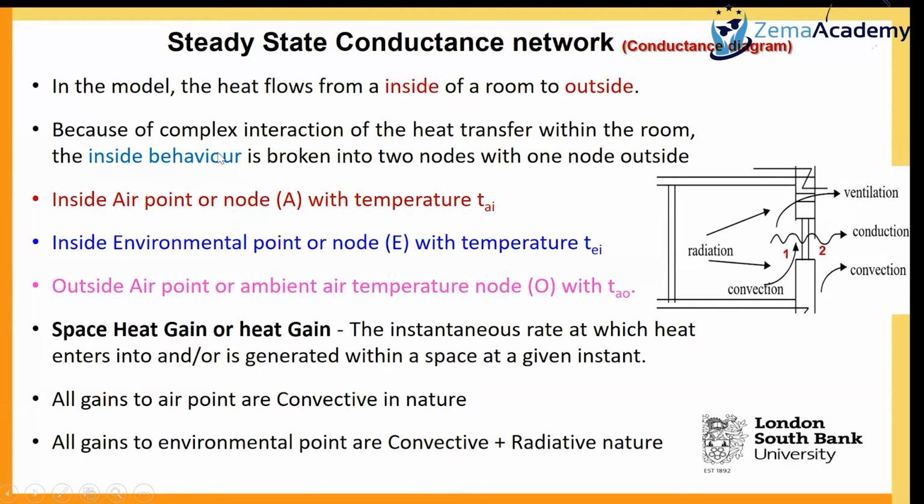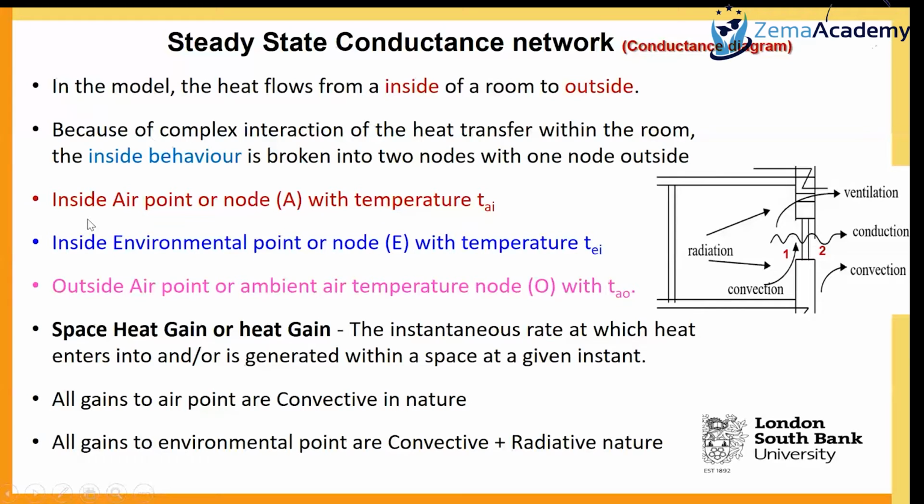That is, inside behavior is broken into two nodes. So these nodes are actually the points where I'm going to apply the heat transfer equations. Whatever heat transfer processes are going to take place inside, they are going to take place at these two nodes that I am placing inside the space.